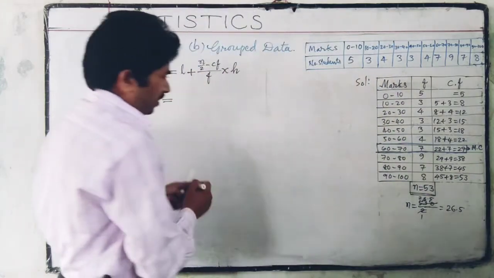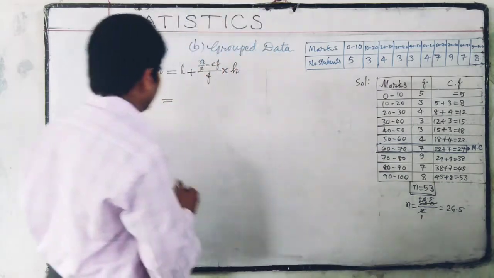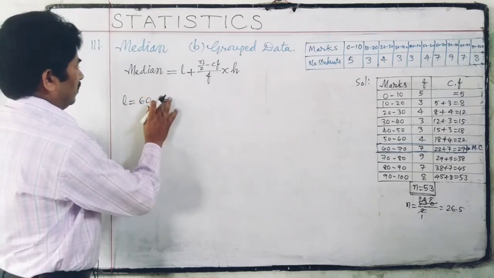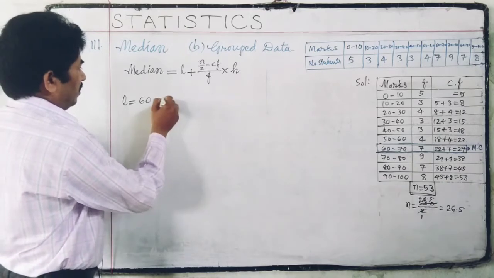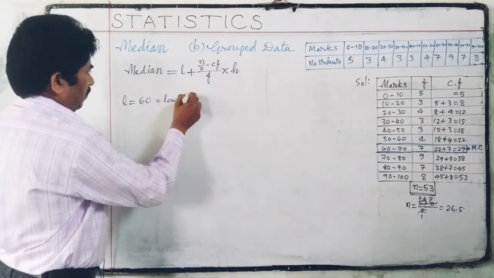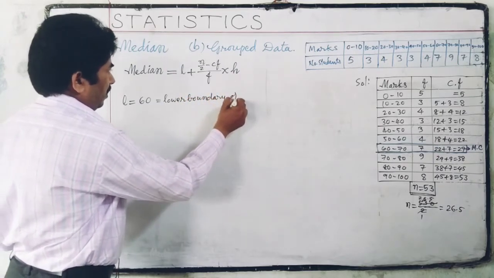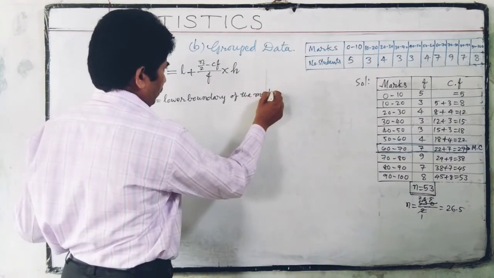So L is what? The lower boundary of this median class. How much? 60. Lower boundary of the median class.